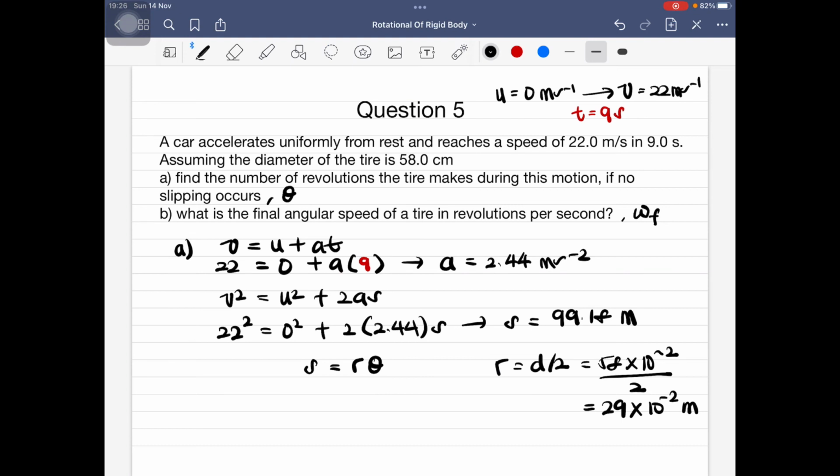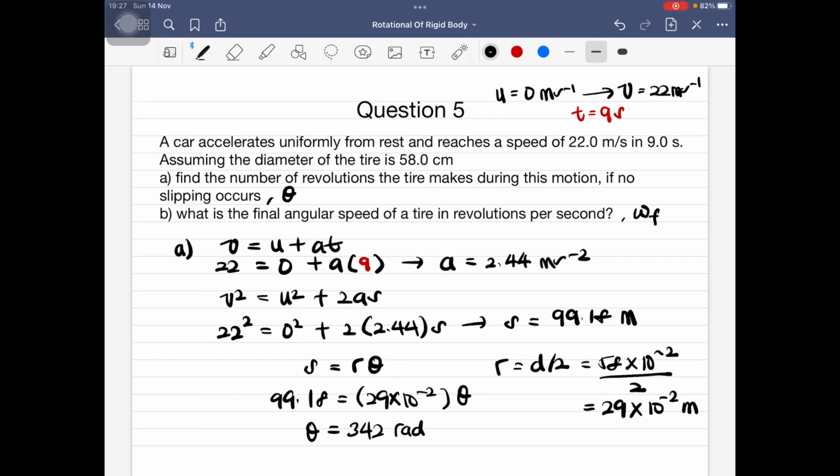So s is equal to 99.18 meter. Your radius just now is 29 times 10 to the power of negative 2 meter, and then theta is equal to 342, and the unit will be radian.